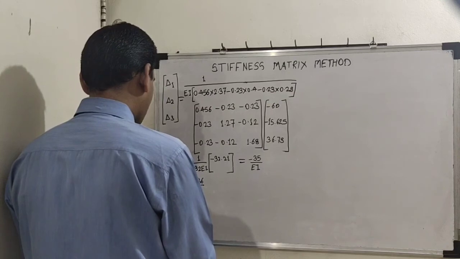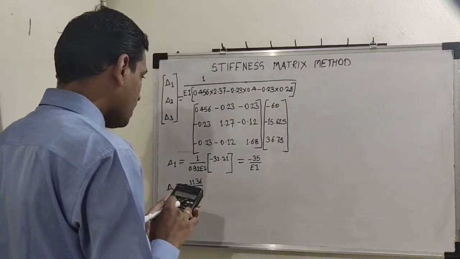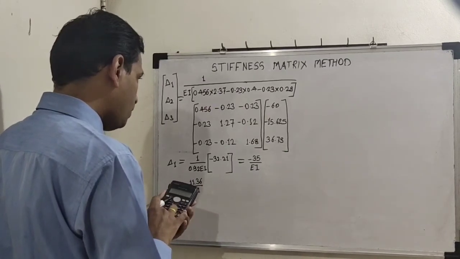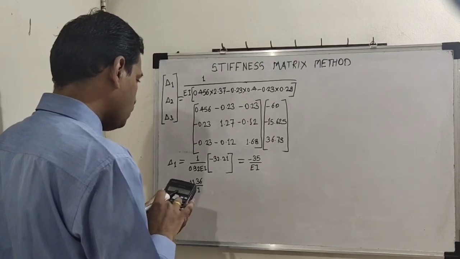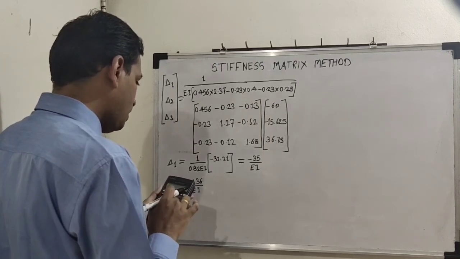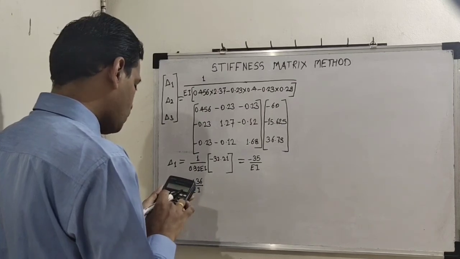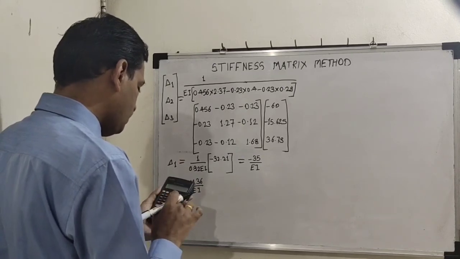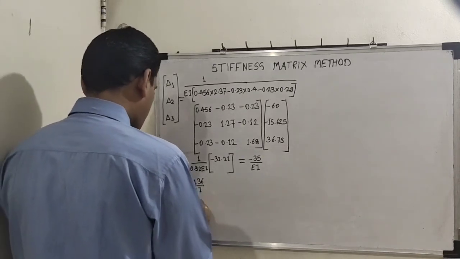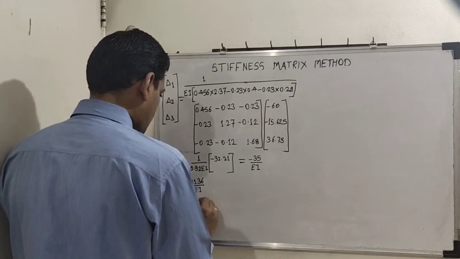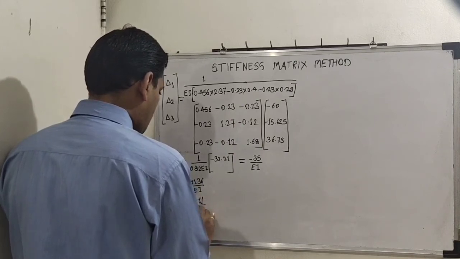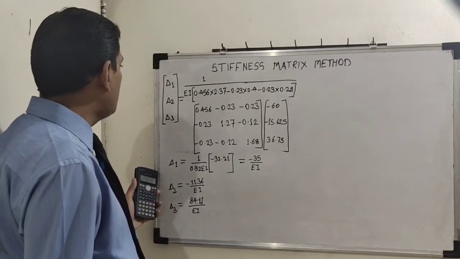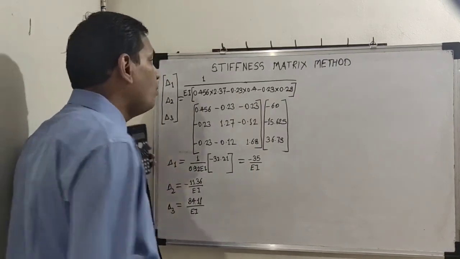And delta 3, minus 0.23 into minus 60 minus 0.12 into minus 15.625 plus 1.68 into 36.73. This value will be divided by 0.92. So it is 84.11 upon EI. Once we have got these values, what we need is final moments.